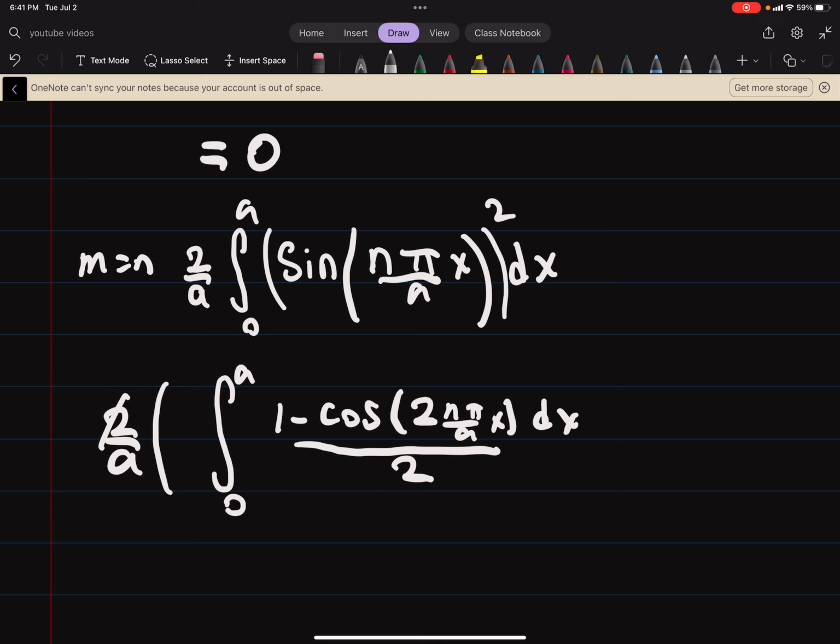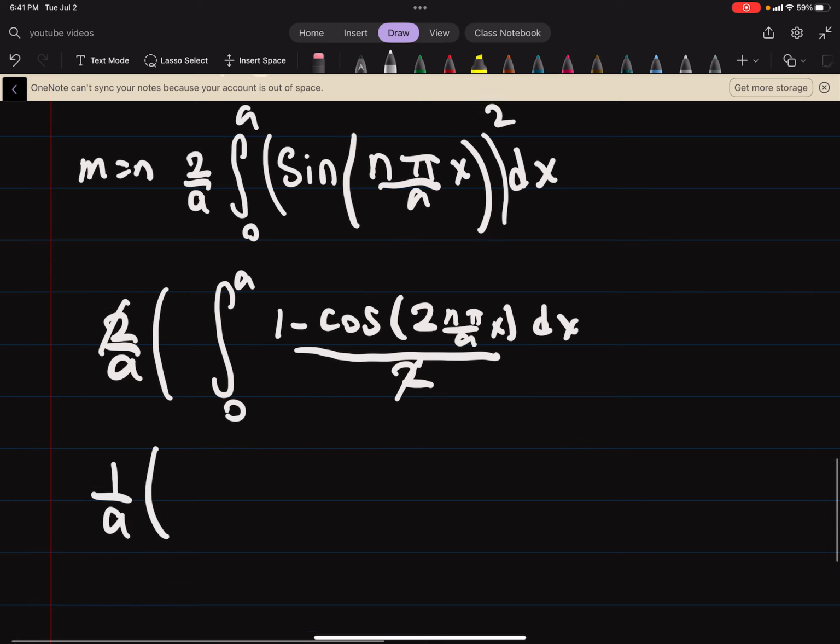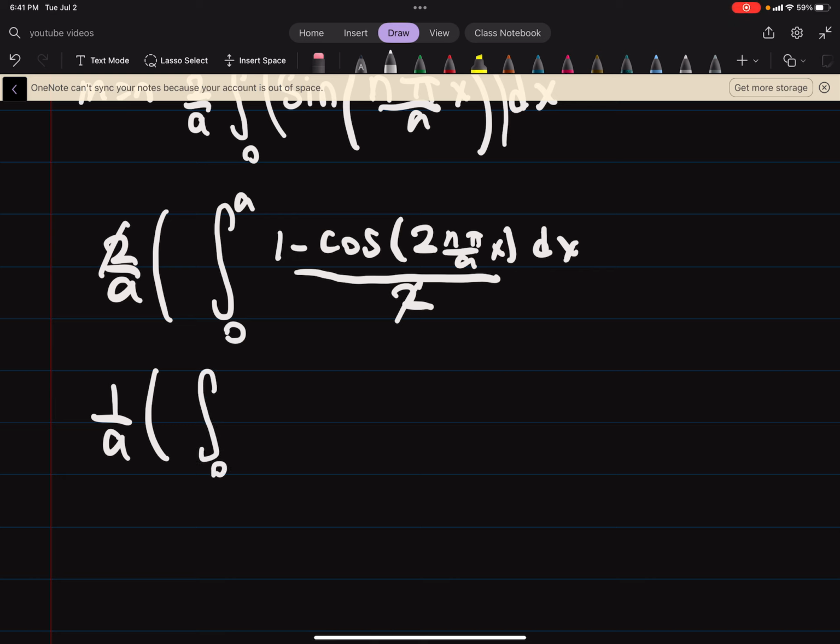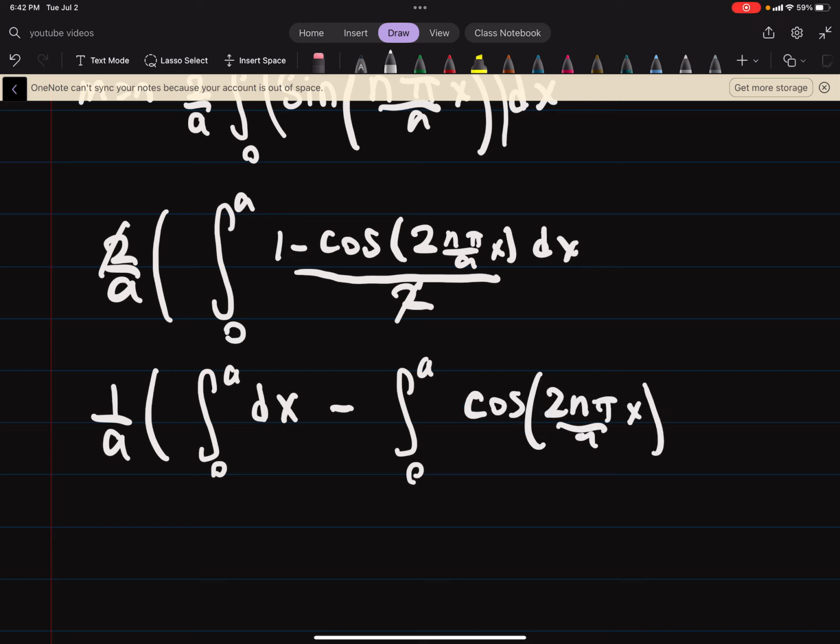So the 2 comes out, cancels, fantastic. So we have 1 over a times the integral from 0 to a of dx, minus the integral from 0 to a of cosine of 2n pi over a x dx.